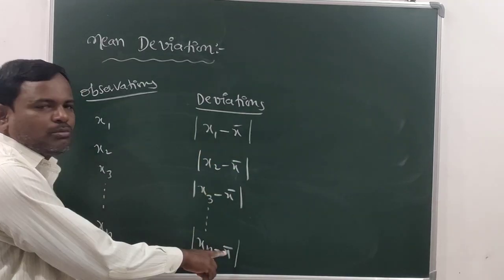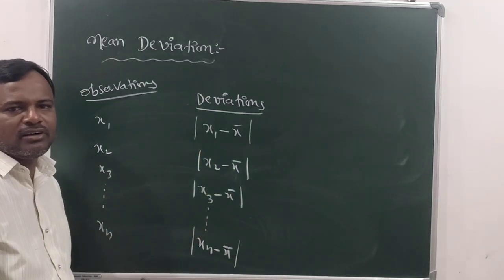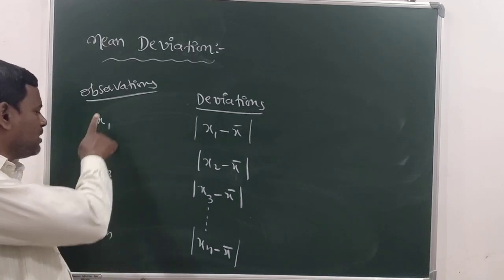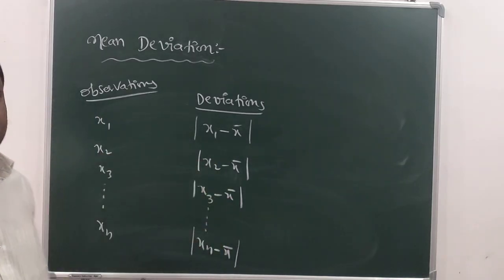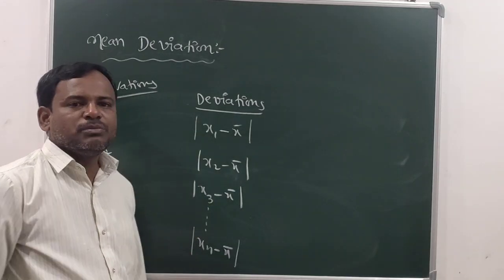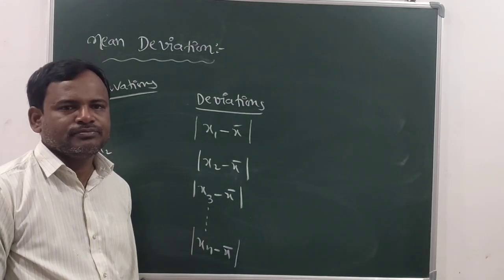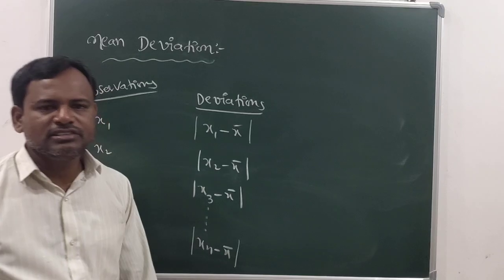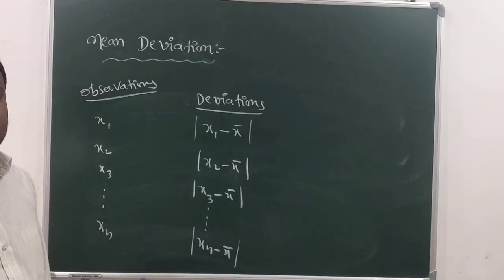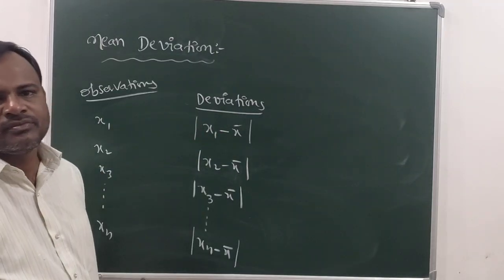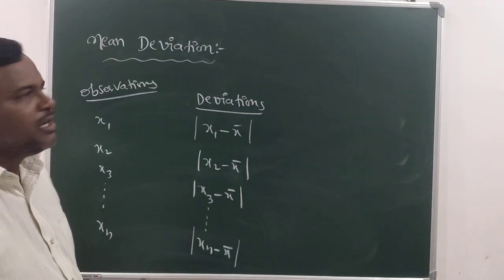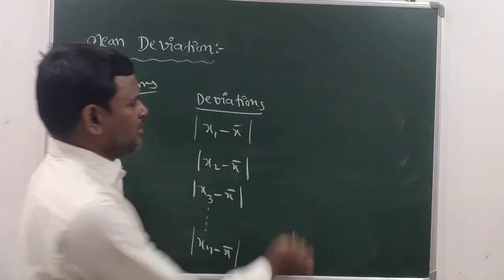Already we prepared x bar, the mean of the given data, and that mean must be subtracted from all these observations, and you have to take the absolute values, meaning each must be taken as positive, or sometimes you may get 0, but never negative, and take their average. That is known as mean deviation.